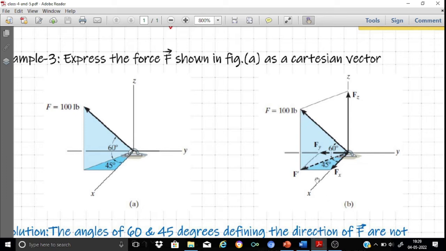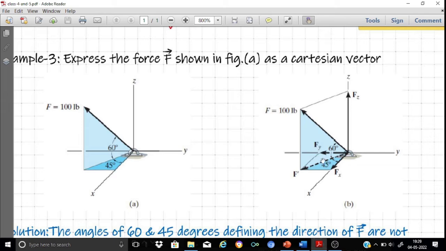Now let us apply the parallelogram law a second time so that we can obtain the components along the x and y axes. The vector F dash that we obtained in the xy plane is again resolved along the x and y axes. From the head of F dash we draw two lines parallel to the x and y axes in order to obtain the respective rectangle, a special case of the parallelogram.